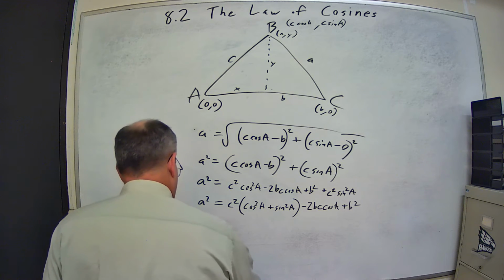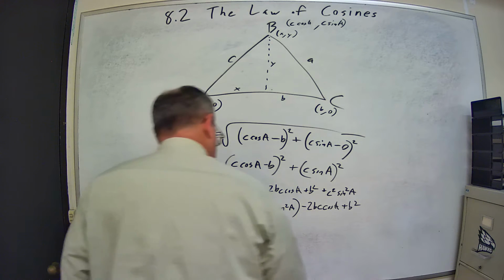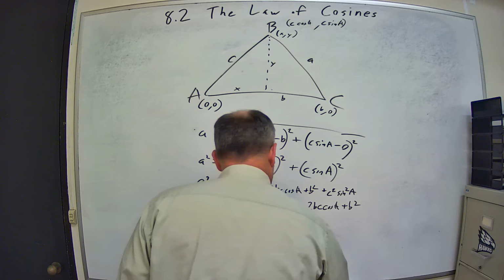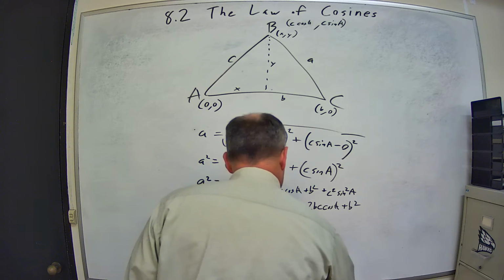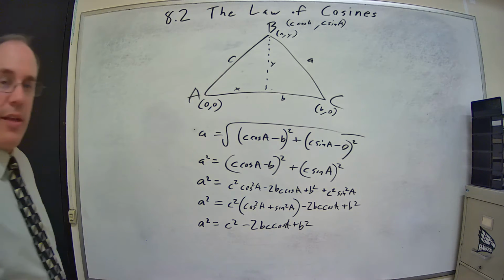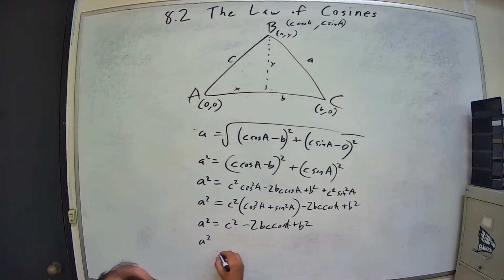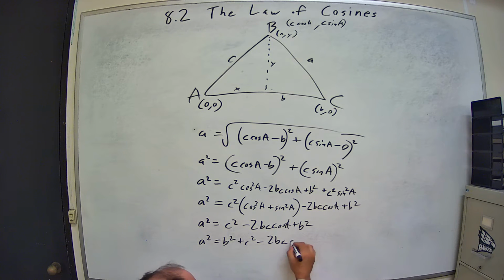So therefore a squared is equal to c squared minus 2bc cosine A plus b squared. And then to clean it up a little bit, I'm just going to move the b squared over, and I get a squared is equal to b squared plus c squared minus 2bc cosine A.